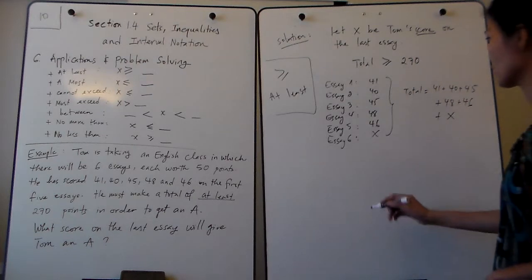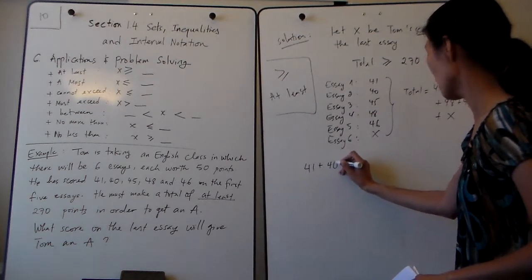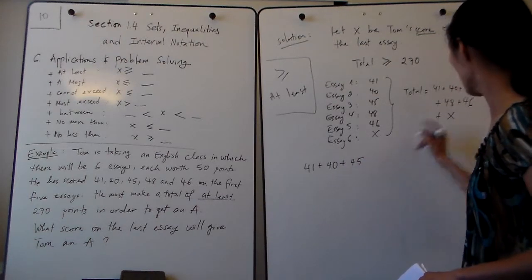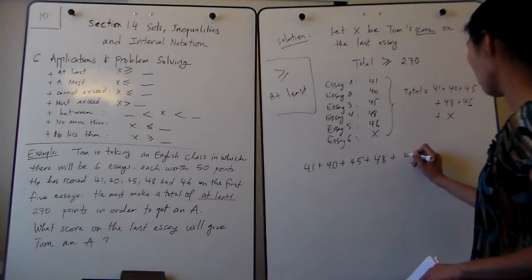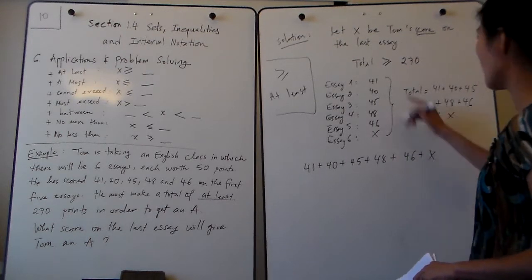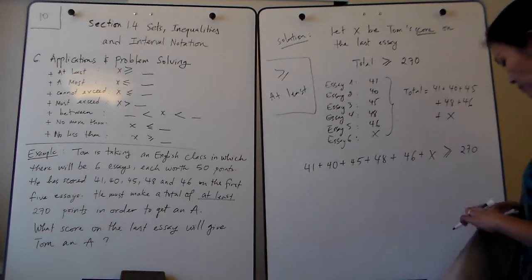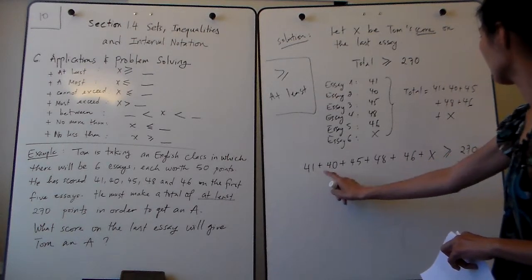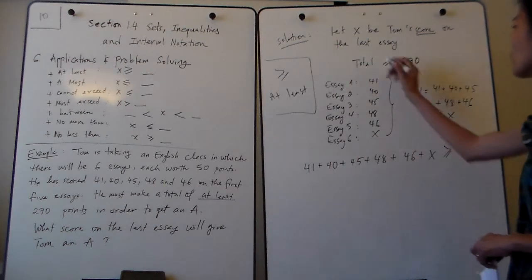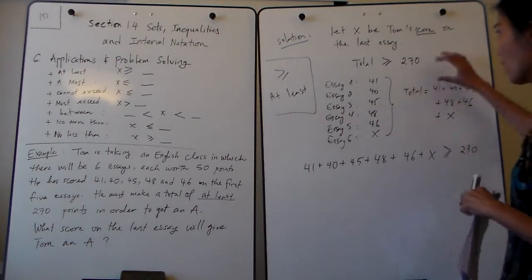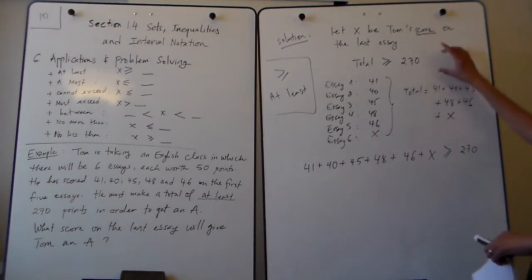So we get 41 plus 40 plus 45 plus 48 plus 46 plus x greater than or equal to 270. So we need to solve this inequality.